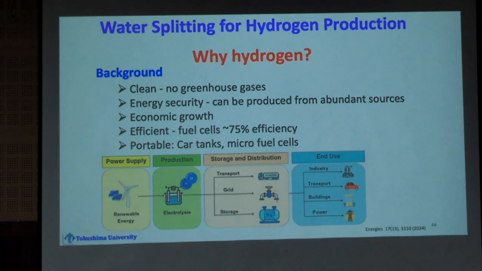Everyone is looking for a clean solution, green energy, a clean energy source. There is a demand for green energy. That's why this is one of the methods that can be used to create green energy.